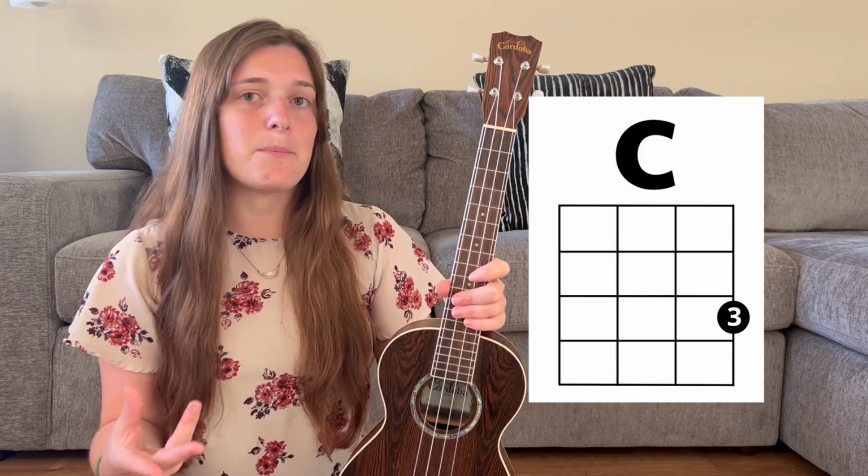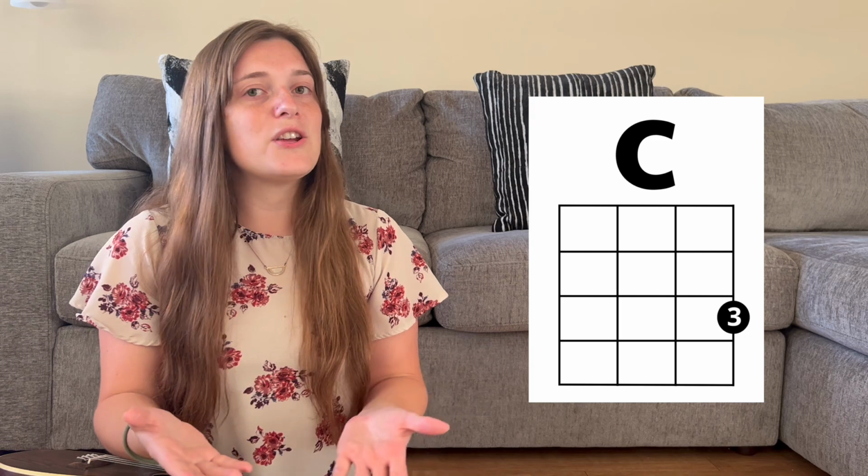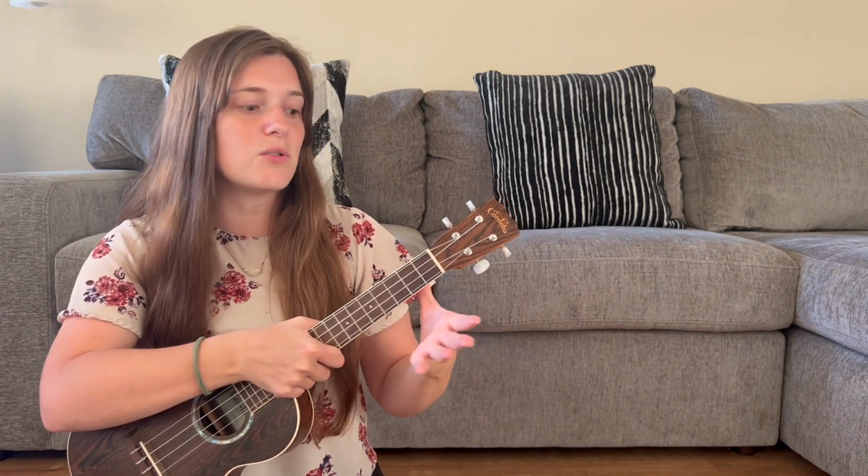On the dots of a chord chart, sometimes you might see numbers. Those numbers represent your fingers. It tells you which finger to use to play that chord. When you're holding the ukulele, your thumb goes on the back of the neck. We never use our thumb to play chords on the ukulele typically. We only use our other 4 fingers. So your thumb isn't going to get a number because it doesn't play chords.